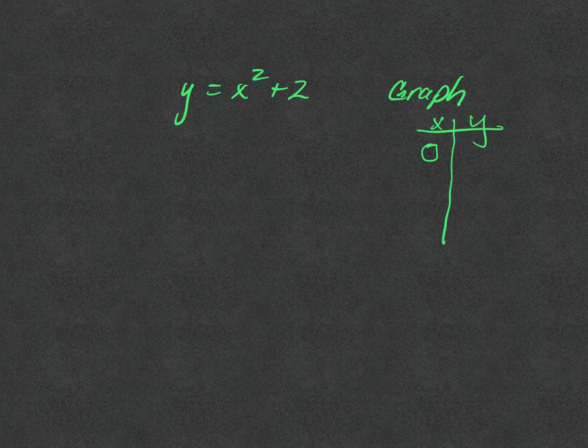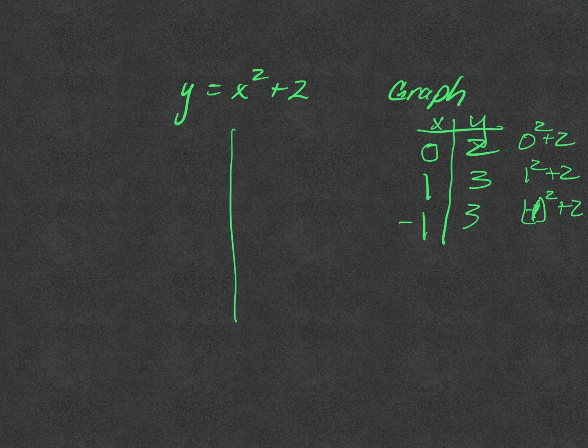X is 0, which gives us y is 2. 0 squared plus 2 is 2. But we can pick x equals 1, and then we get 1 squared plus 2 is 1 plus 2, or 3. We could pick x equals negative 1, so that'll be a negative 1 squared plus 2, which is still 1 plus 2, or 3.